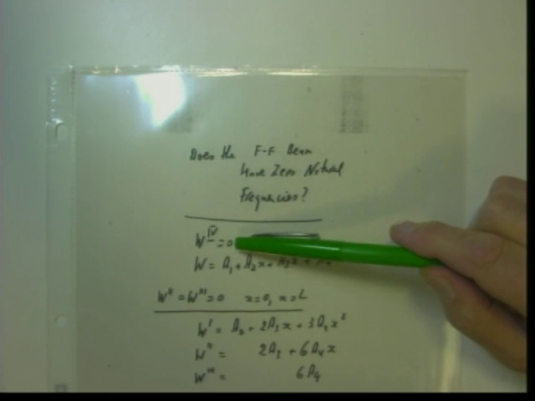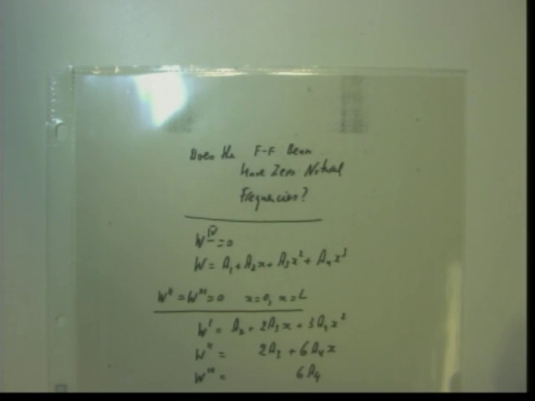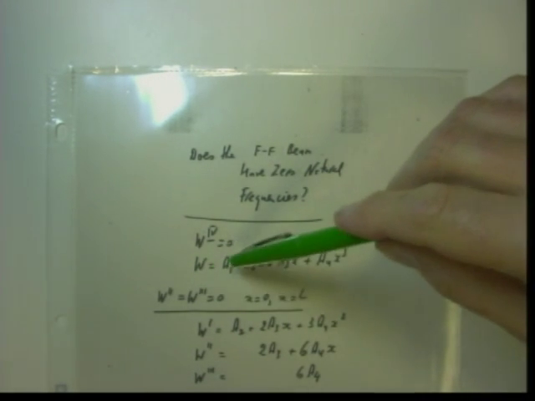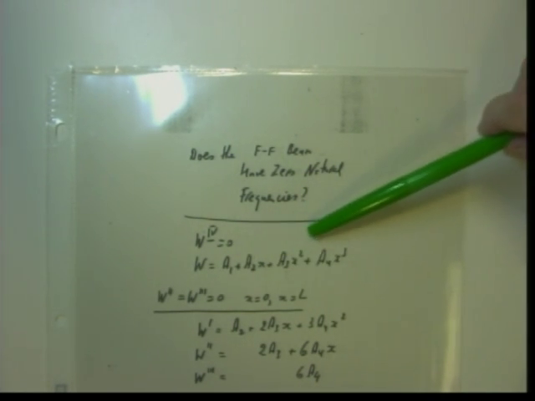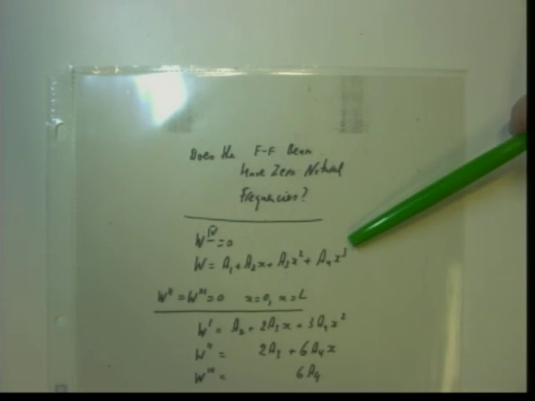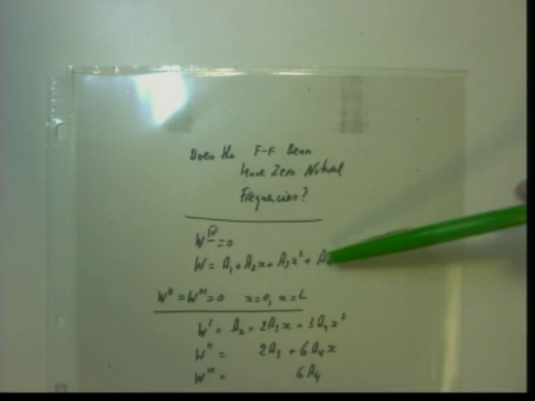So therefore, I have this fourth derivative of W with respect to x equals 0. So therefore W is a third order polynomial: a1 plus a2x plus a3x squared plus a4x cubed. So that is a mode shape. Mode shape is a polynomial.